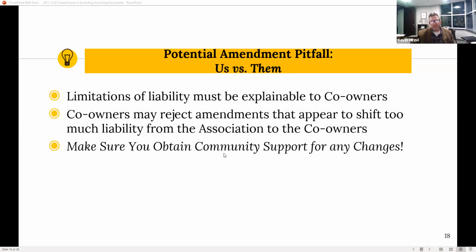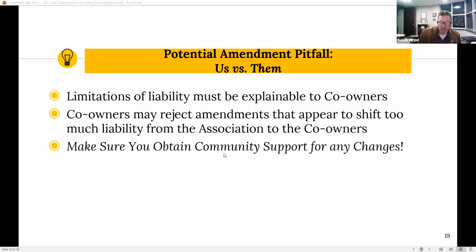There is a, much like the repair and responsibility standpoint, a potential amendment pitfall here. If you are going through an amendment project, do keep in mind and try to avoid an us versus them mentality. As the board of directors, one of your responsibilities is to look to the community.